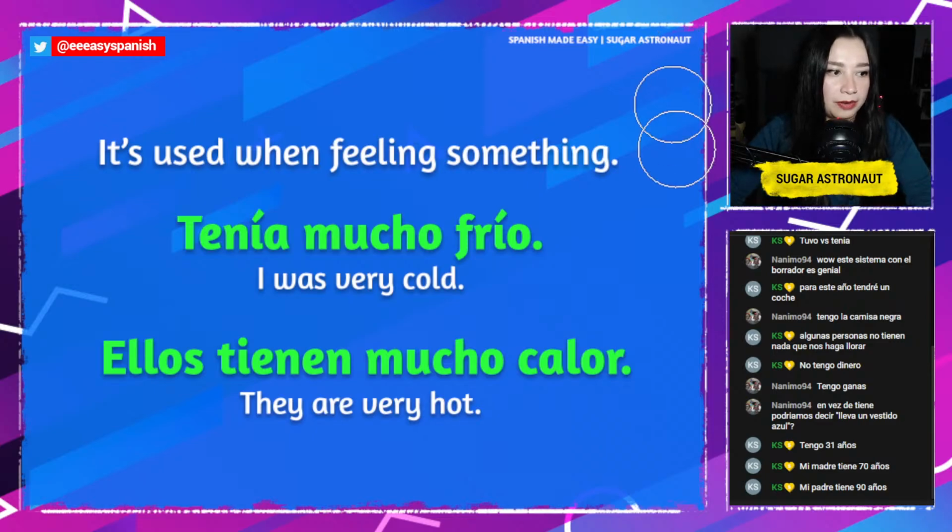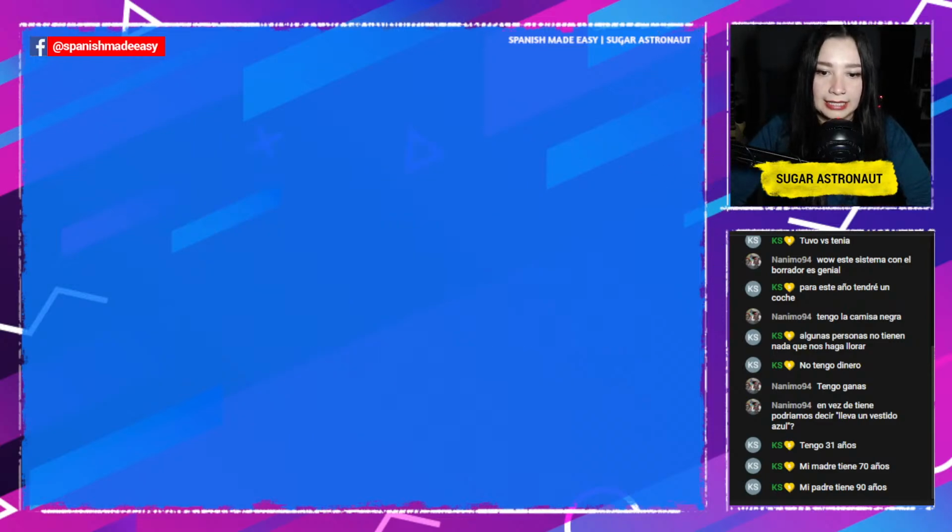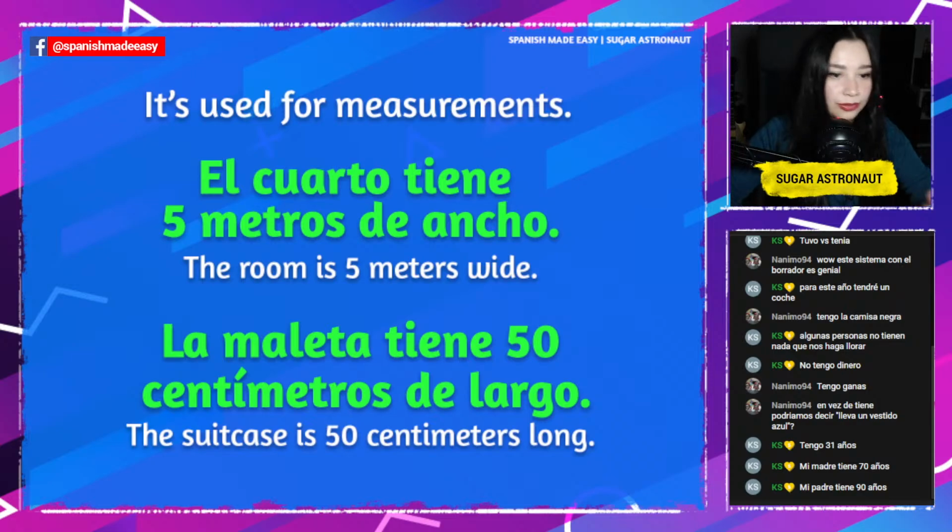Perfect. They're perfect. Okay, lastly, guys, the last use or meaning of tener is when you're talking about measurements. Okay? When you're describing a room, when you're describing an object, especially when you're talking about their size.